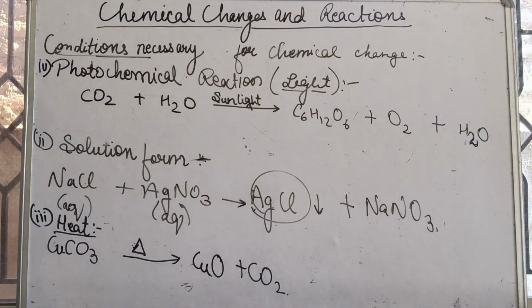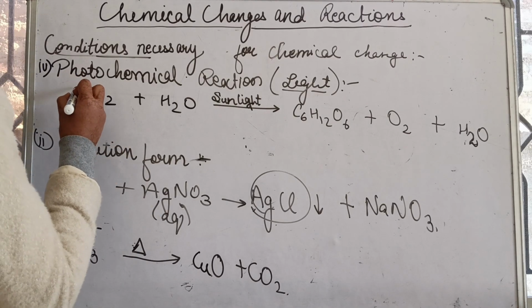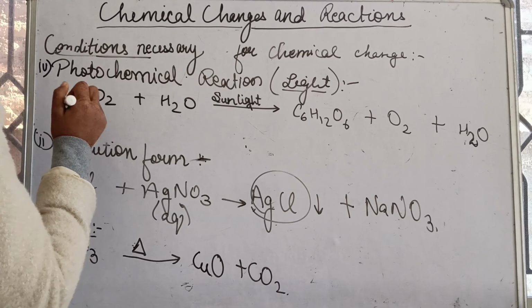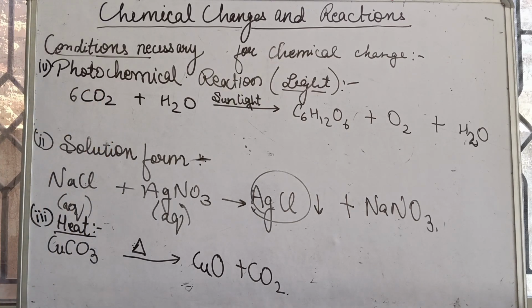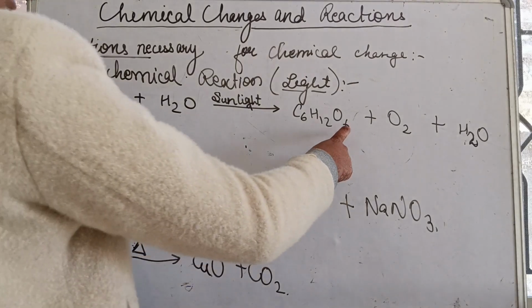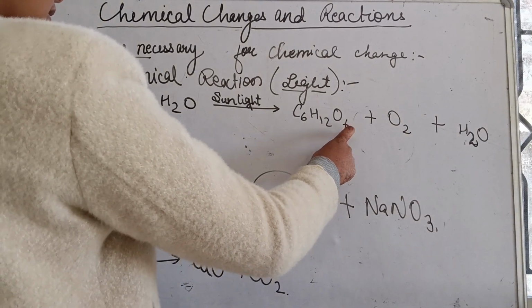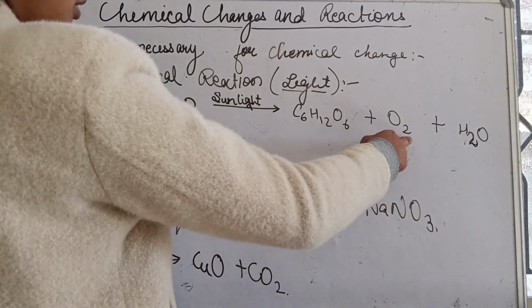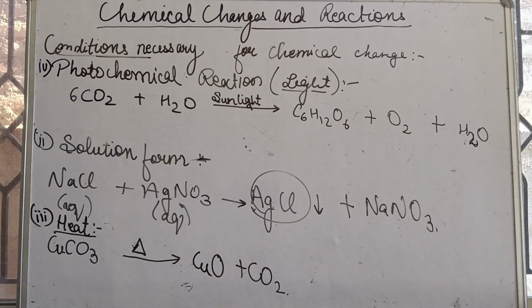Now we need to balance it. Balancing is a must. Total carbon in this is 6, so let us write 6 to 12. How many oxygen? 6 and 2, 8.